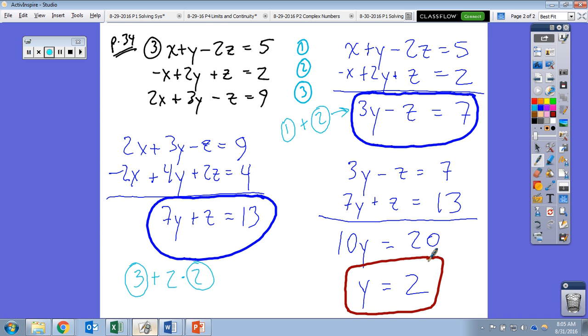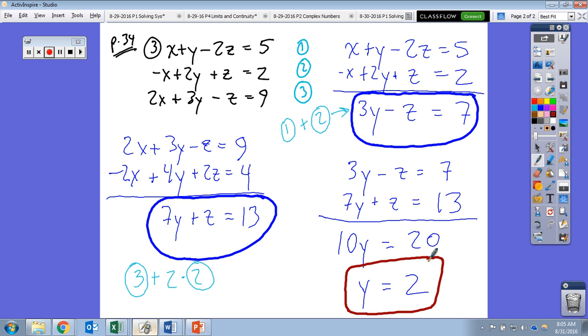So that means, if I did this correctly, I should be able to plug 2 in for y into any of my equations. Now, I'm going to plug this into either one of these guys that I developed, so I can solve for z.